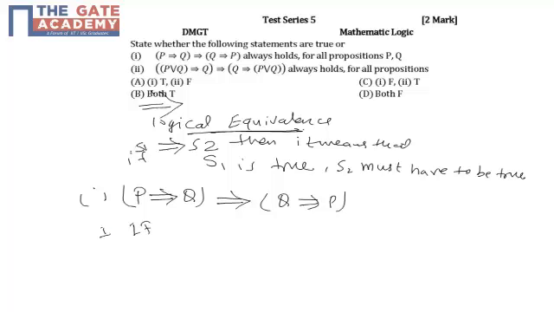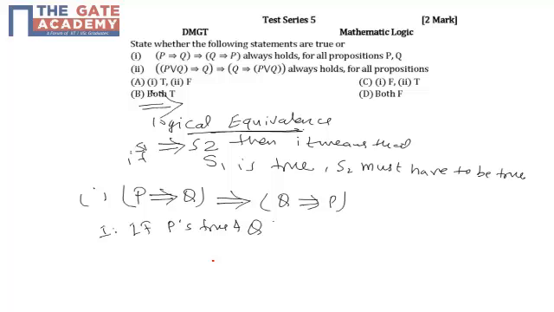Case 1: if P is true, then Q has to be true. Now if P is false, then Q can be anything. That is our fundamental concept for the logical equivalence.